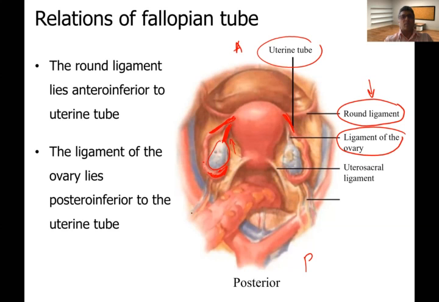This is just an attachment. So this is the ligament that brings blood vessels, which are ovarian arteries, veins, and nerves, and lymphatics to the ovary. This is called the infundibulopelvic ligament, or you call it the suspensory ligament of the ovary. The terms are written somewhere, you will see it.